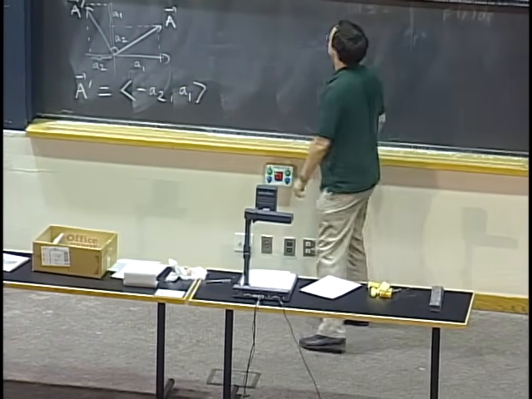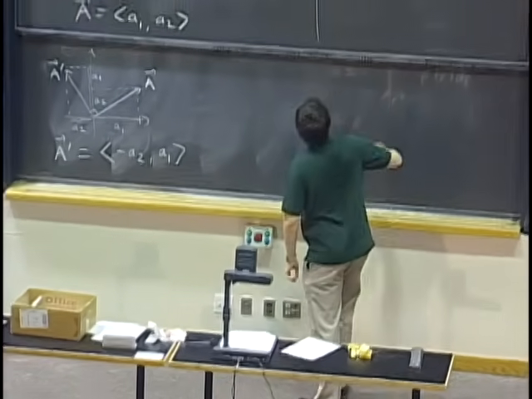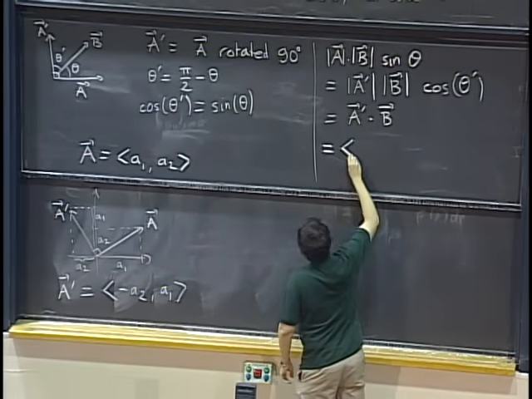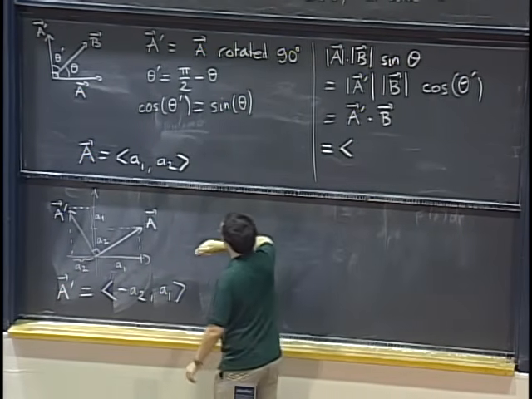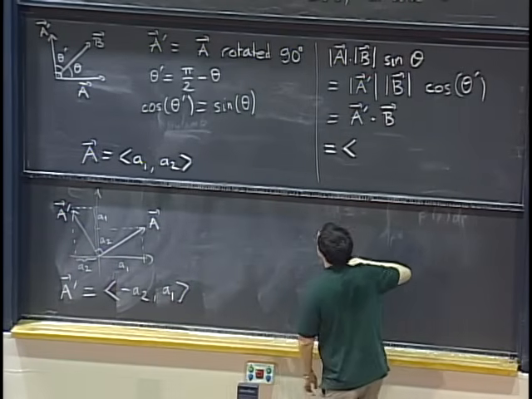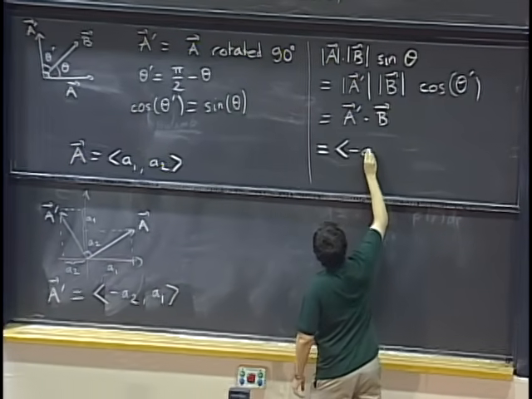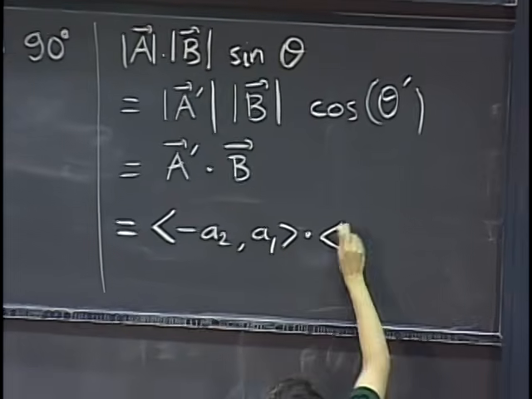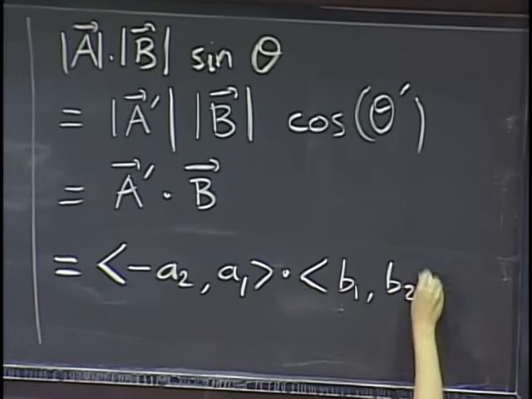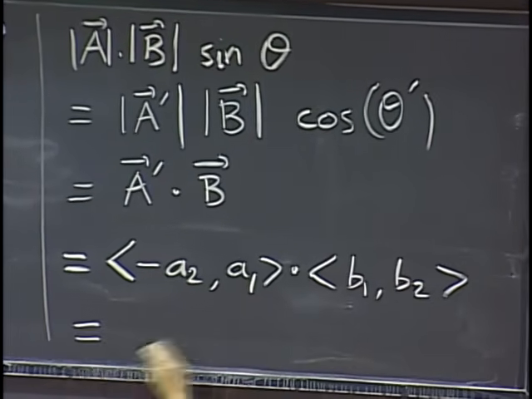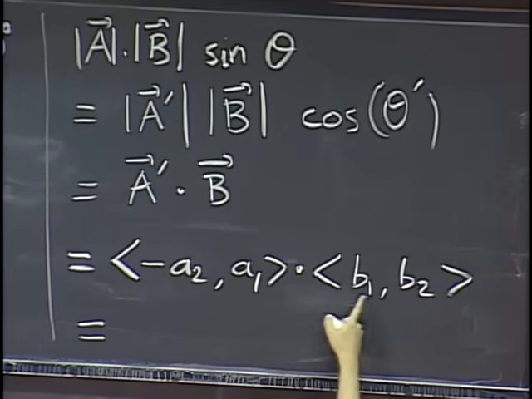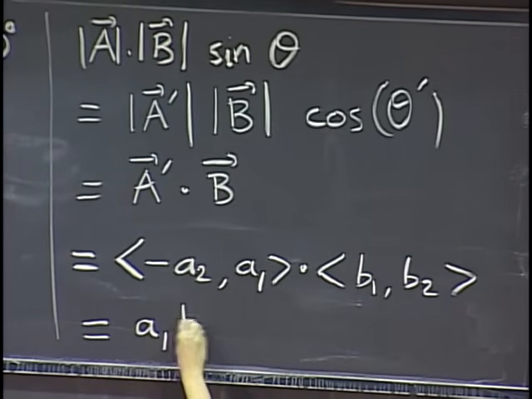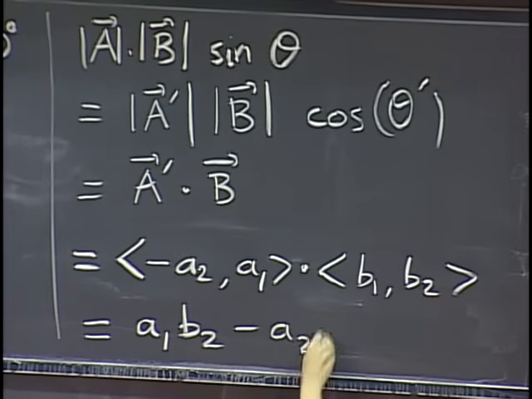Okay. So, well, let's continue that calculation there. A prime we've decided is minus A2, A1. So minus A2, A1, dot product with, let's call B1 and B2 the components of B. Then that will be, well, minus A2, B1 plus A1, B2. Let me write that the other way around. A1, B2 minus A2, B1.